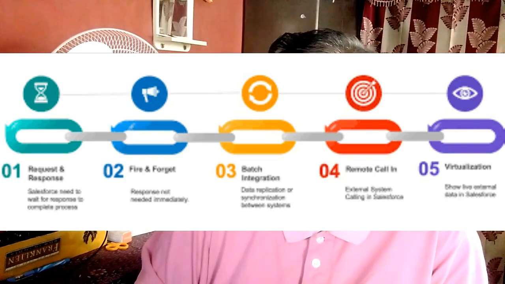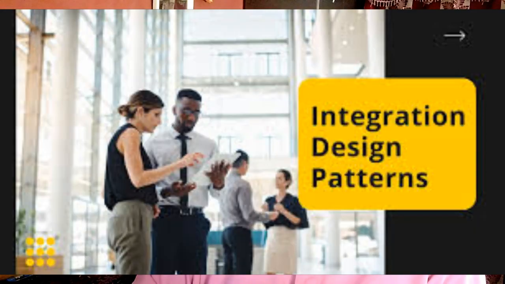Next point is what is integration architecture. Integration architecture is a major part of every IT landscape that simplifies the integration of numerous IT components and enables tracing data flow between applications.